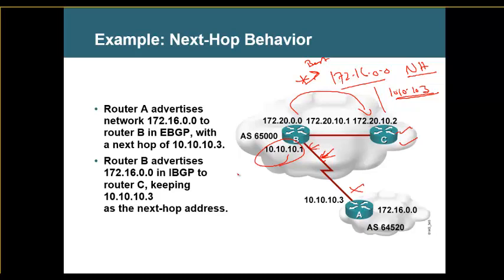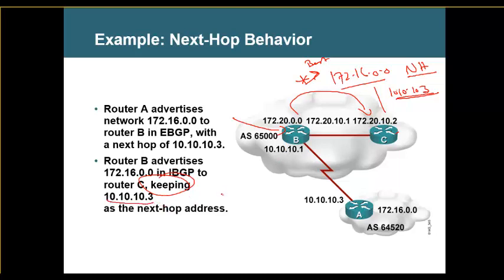If you are not willing to run OSPF there, meaning you are not willing to advertise the 10.10.10.0 WAN interface network to router C, what you should do is say next hop self. You need to go to router B and say, do not keep 10.10.10.3, do not simply carry it.